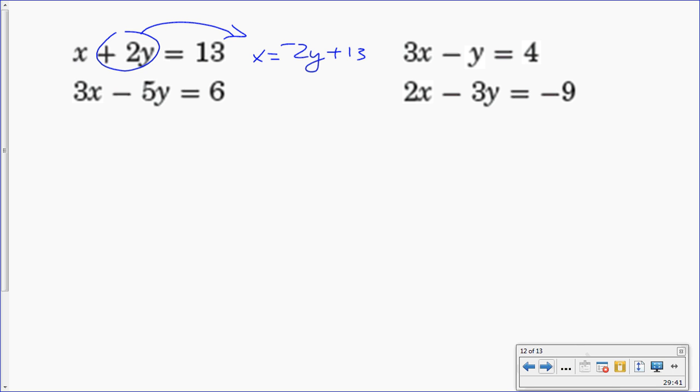Now here's the trick though. Where am I going to substitute it into the other equation? For the x, right? Don't forget there's what in front of it. Okay, so when I rewrite it, I have to put negative 2y plus 13 in there, minus the 5y equals 6. Simplify it now. What do you have to do?